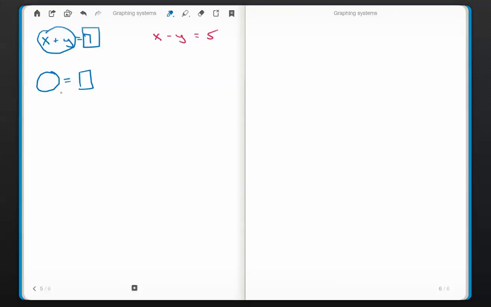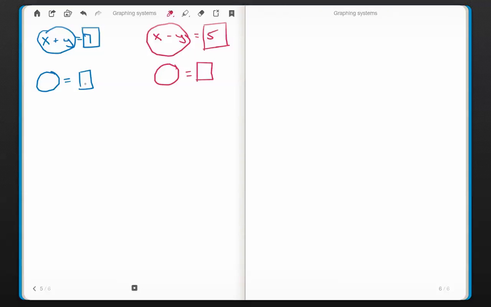The circle and the square are two equal things. Likewise over here, I don't know what's in the circle because I don't know what x and y are. And I know what 5 is, but I'm just going to put a box around it anyway. I'm going to say that my circle equals my square here.